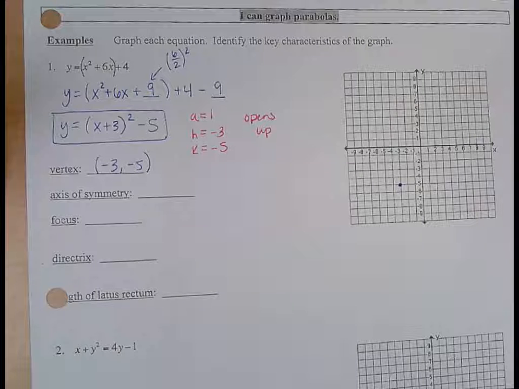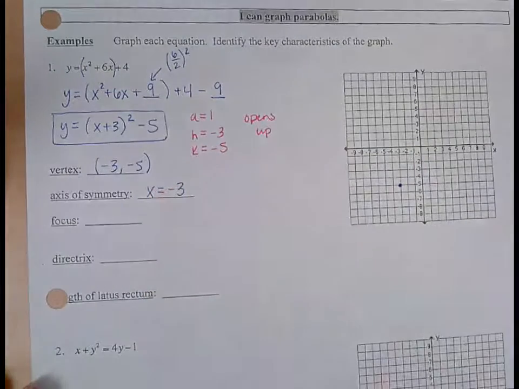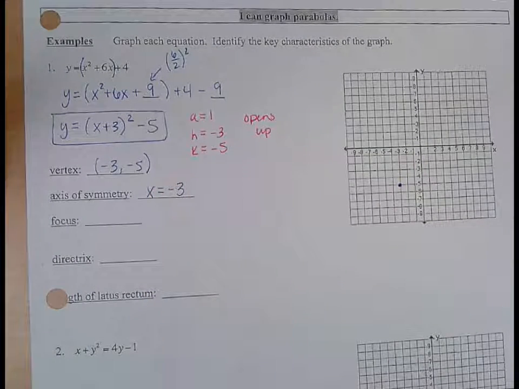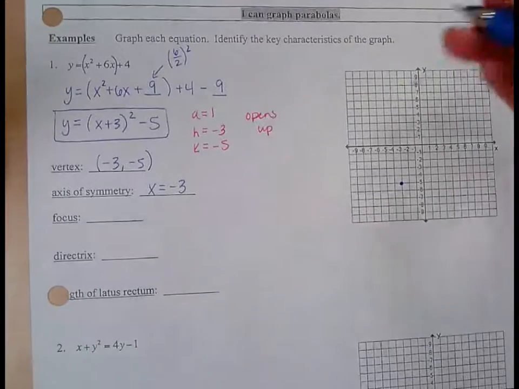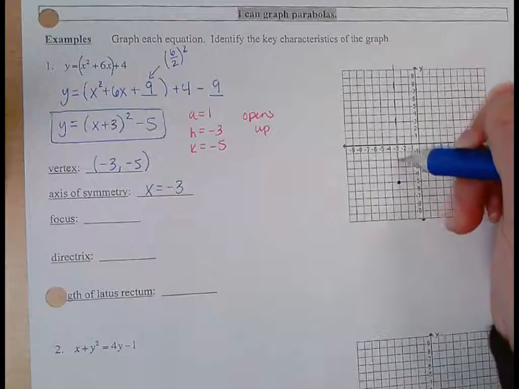Axis of symmetry is x equals h. So x equals -3. And remember, for a parabola that opens up, and you can see this on your graphic organizers as well, the axis of symmetry is that vertical line that goes through your vertex. And we draw that in as a dashed vertical line, so I can draw that in.